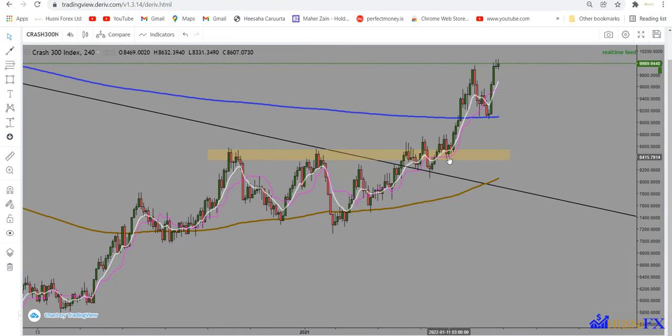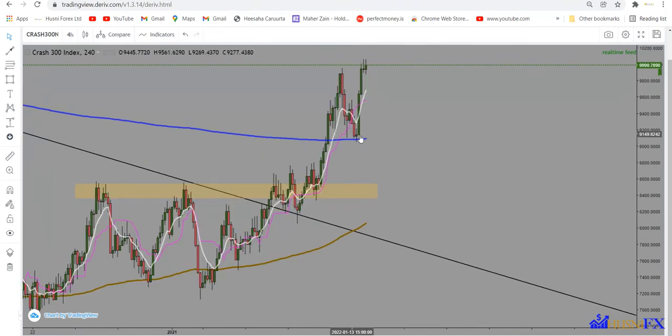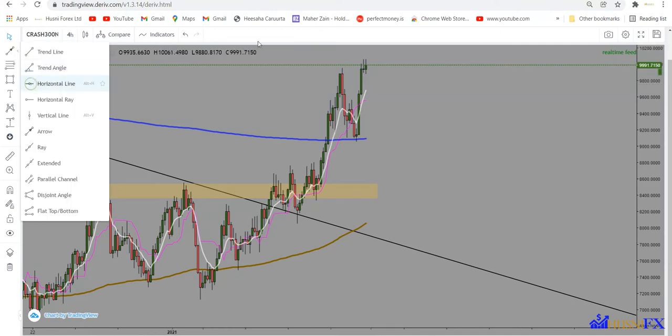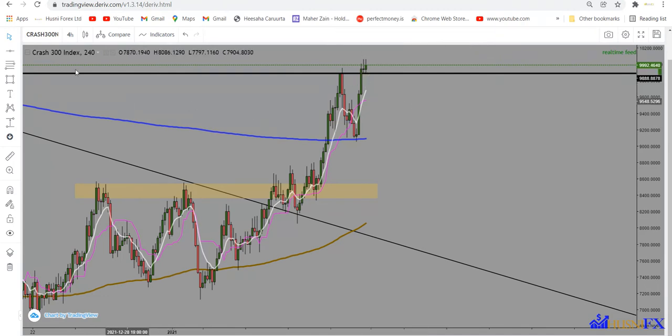This was previous resistance, but right now it is a support zone. This is the structure the market is at right now. The market broke above this resistance and then back tested at lower time frame. You will see clearly when we go on 1 hour and so on.